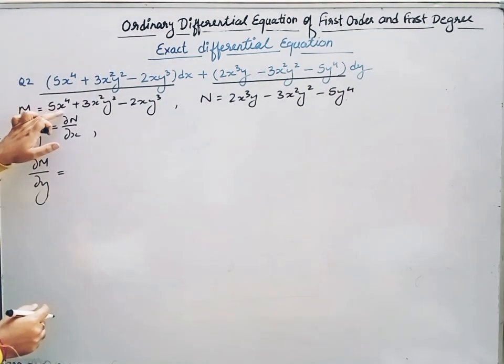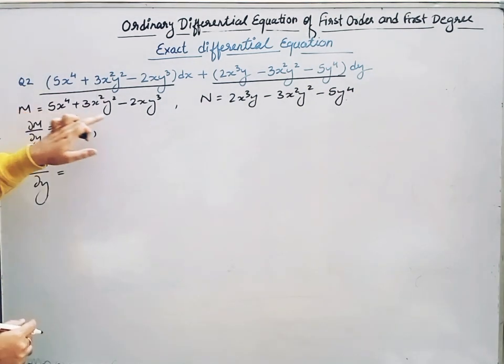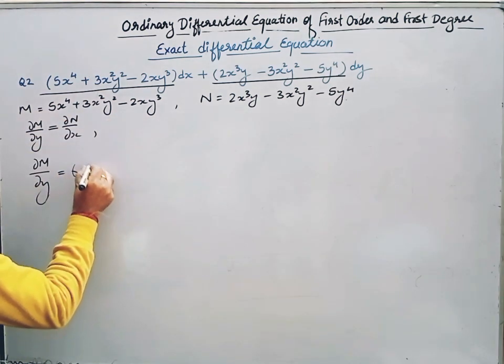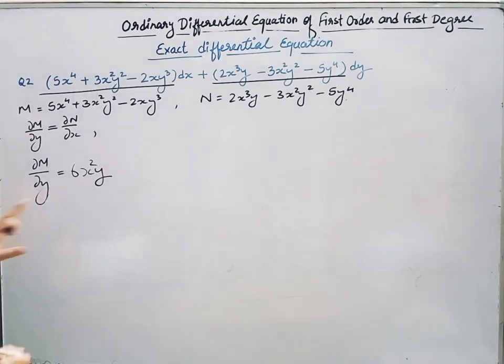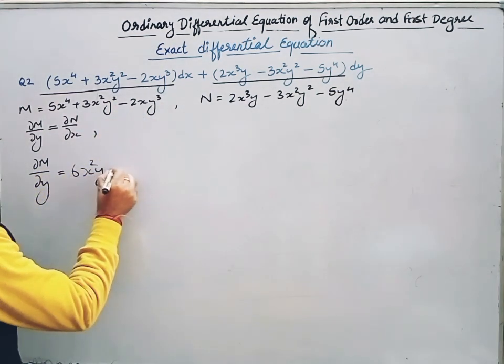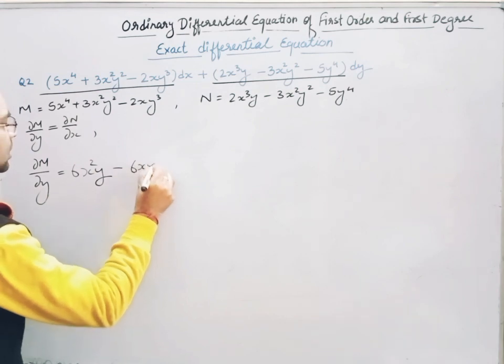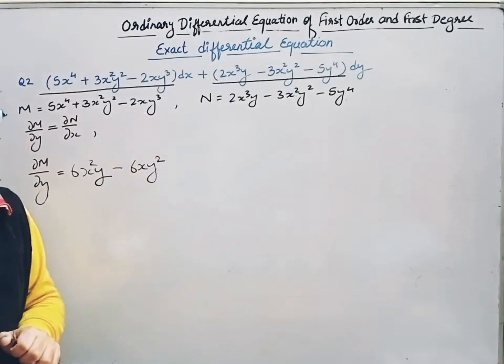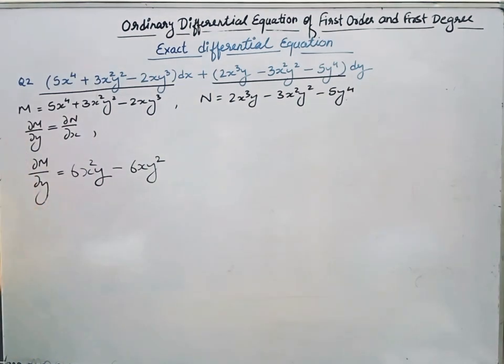So here 5x to the power 4 is a constant, so it will vanish. Here we have y square, so this will be 6x square y. Here minus 2xy cube, so this will be minus 6xy square. This is the partial differential of M with respect to y.